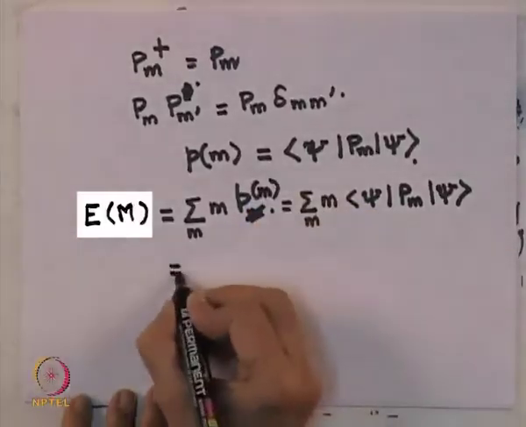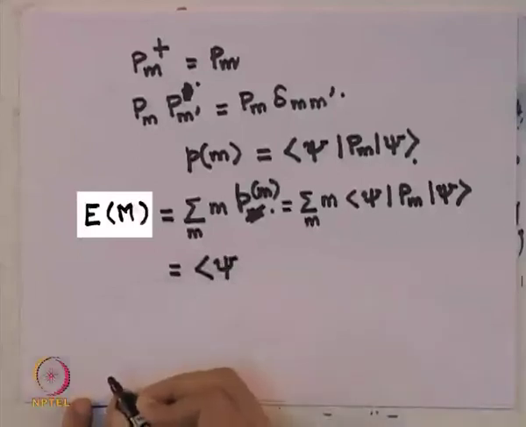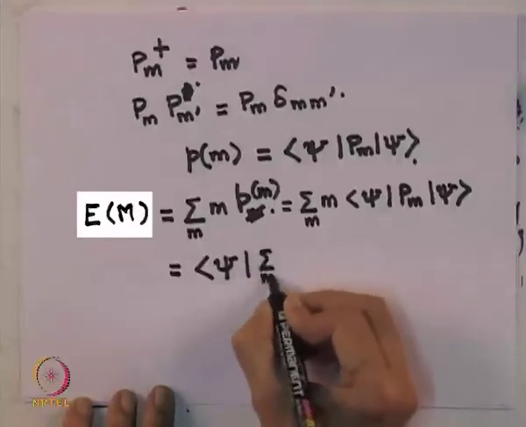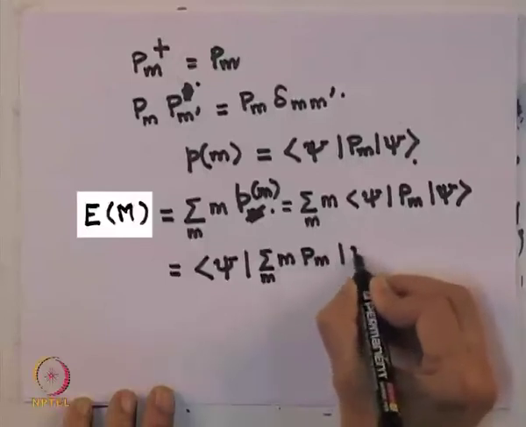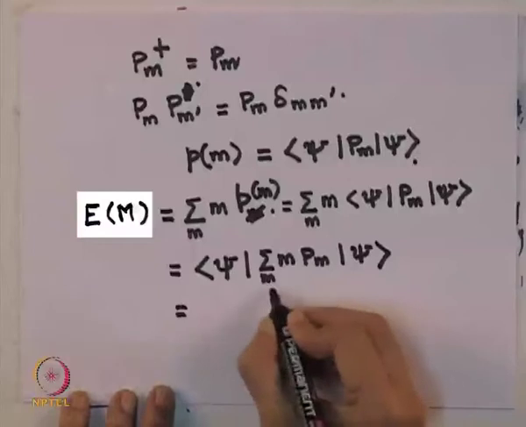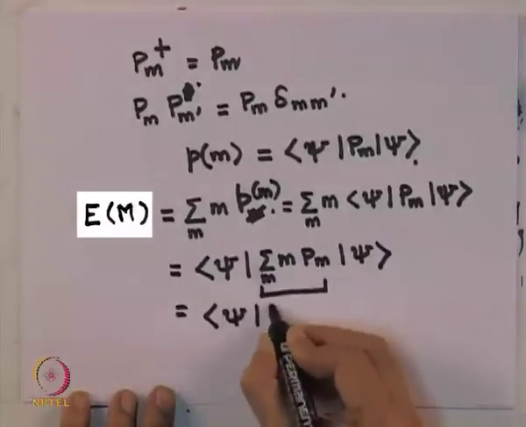So this quantity, if you rewrite it like this, is psi, sum over m of m P_m, psi. You notice that this is nothing but the operator M itself, so therefore it is psi M psi.